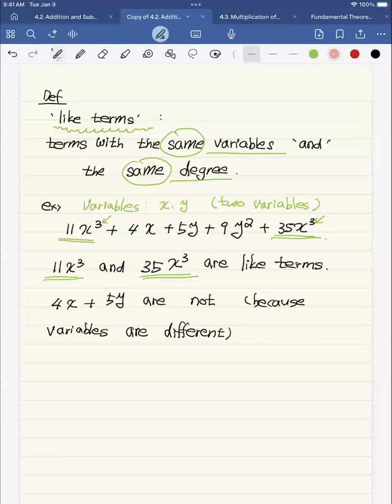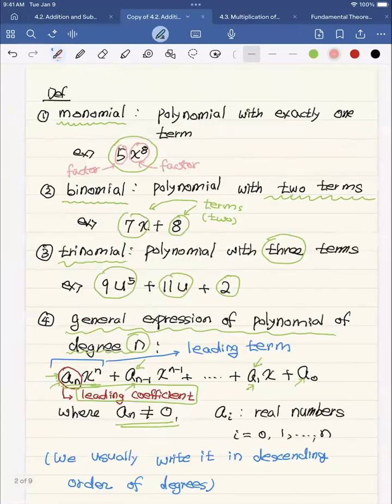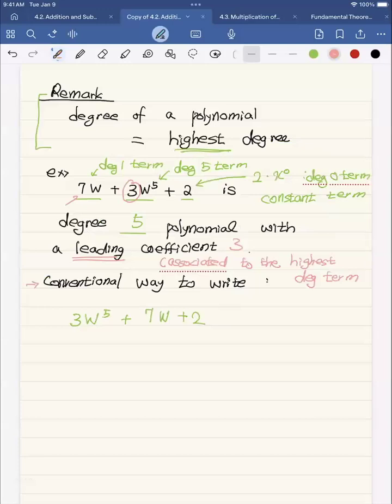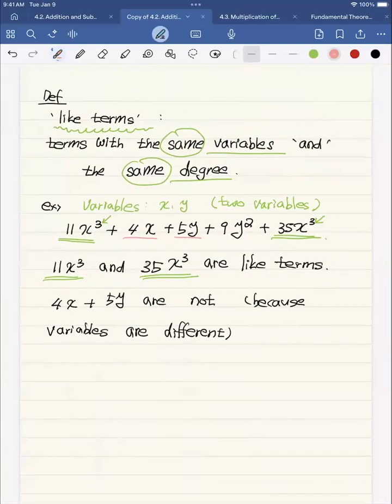When we think about 4x and 5y, those are not like terms. Why? Because those do not have the same variable. One is x and the other is y.